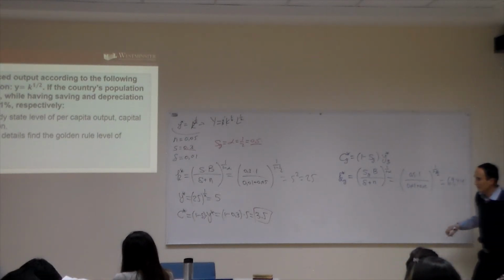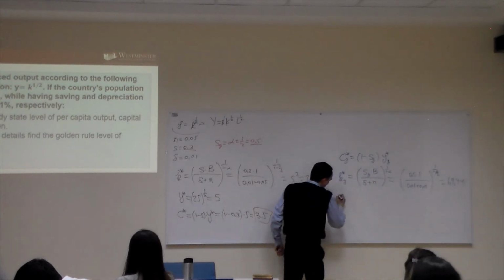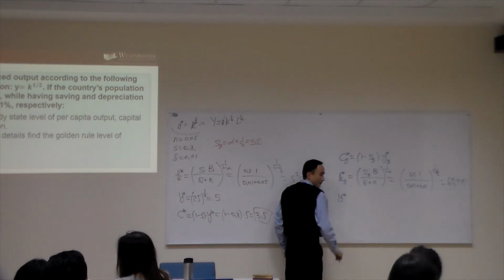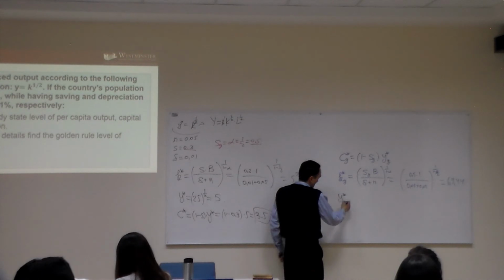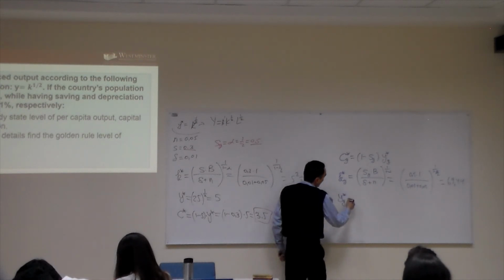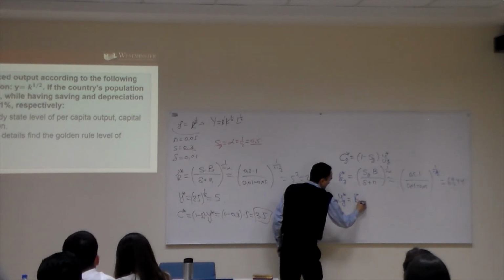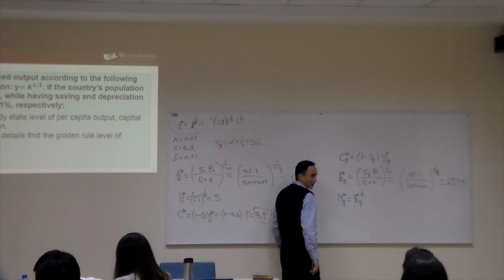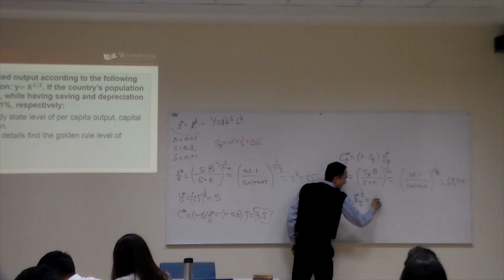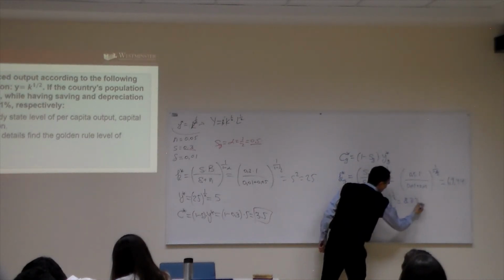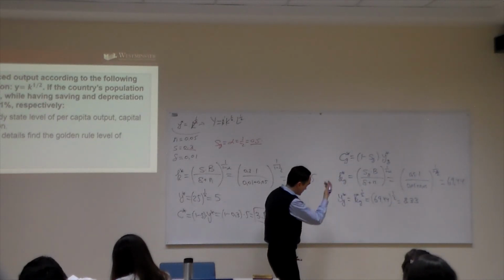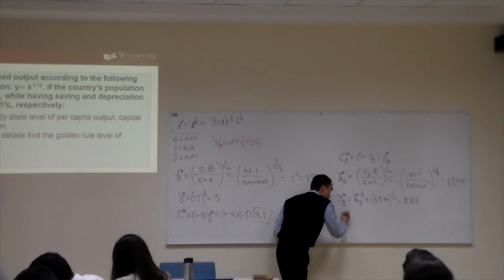So this is it. If you find per capita output in steady state level in golden, it is our capital in steady state golden level in the power of 1/2, which is equal to 8.33. And now the last and most important thing is consumption.